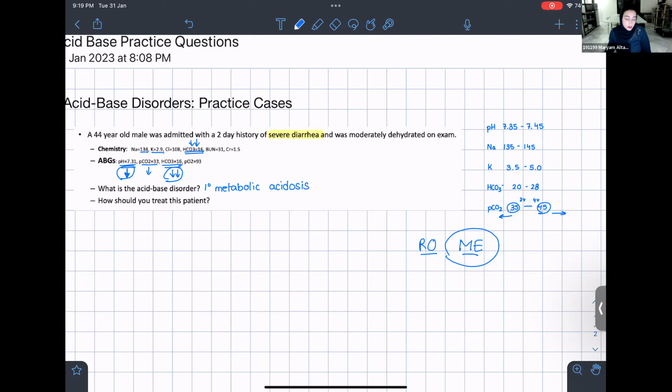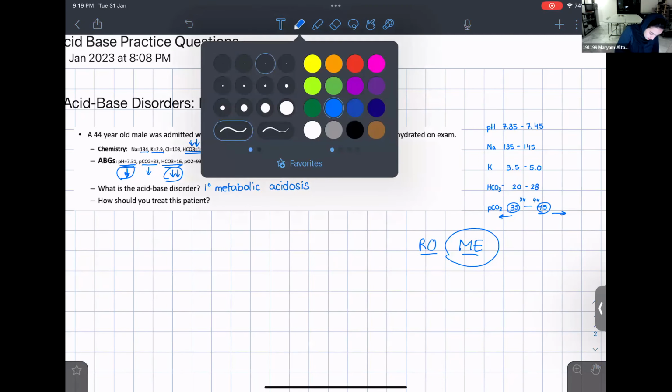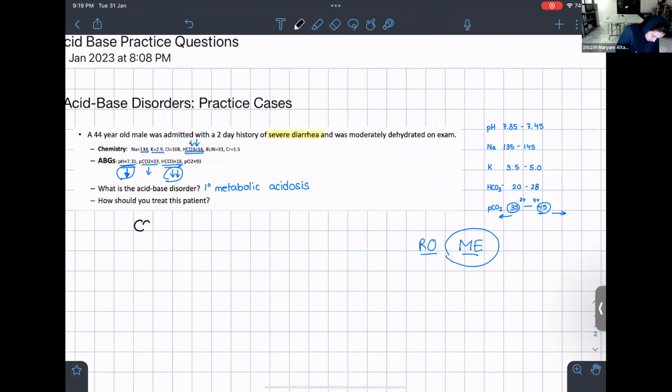How do we figure that out? Is the compensation appropriate? Remember from our equation that I keep mentioning again and again, our normal equation is CO2 plus water is going to give us our bicarb, HCO3 minus, plus H plus.